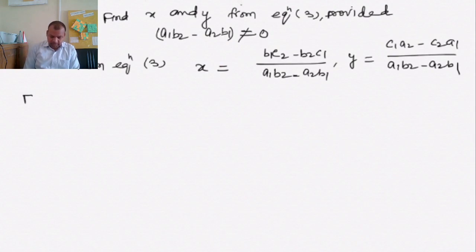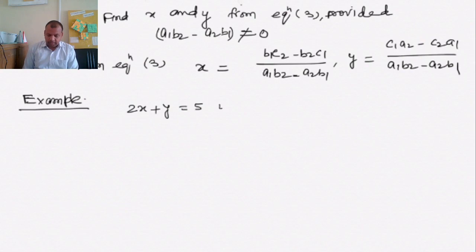with the help of an example how we can apply this method. Just take an example: 2x plus y is equal to 5. So we have to write these equations in the form a1x plus b1y plus c1 is equal to 0.